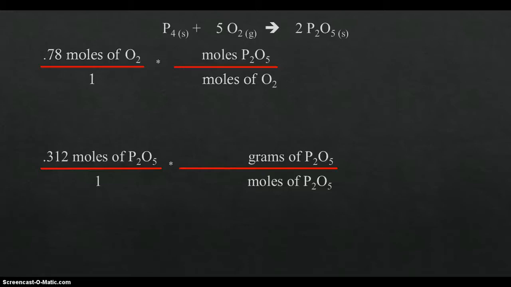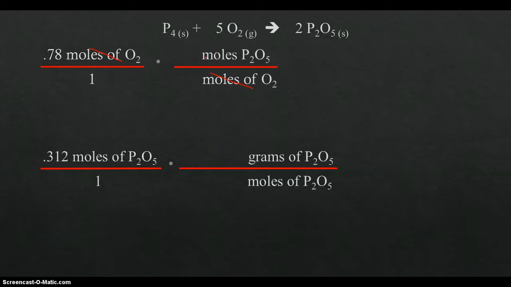So you notice as I set up my first conversion here, I take care of my units first. As I come here, I put moles of O2 on the bottom, so those cancel out with my moles of O2. And I want to get into a new substance, which is diphosphorus pentoxide, so I put those up top here. And then, if you remember, it's a mole to mole conversion.